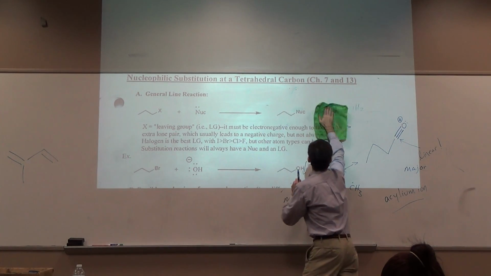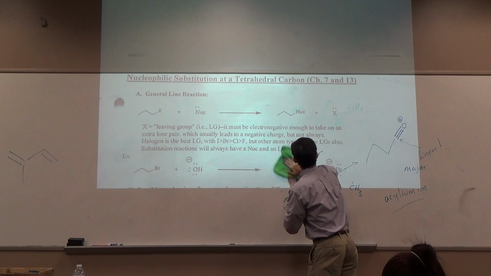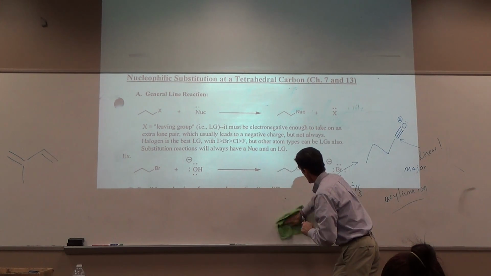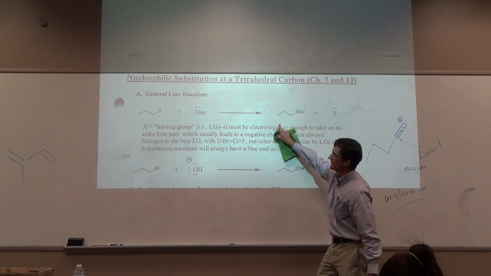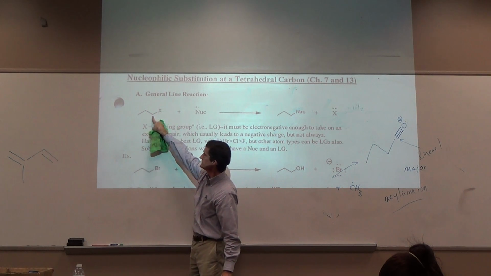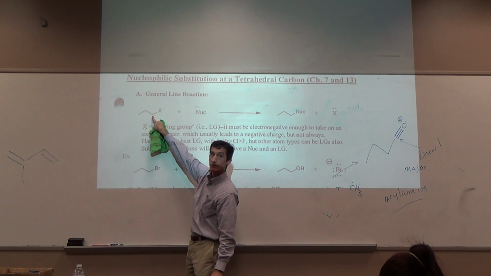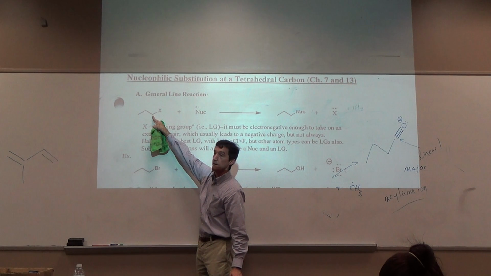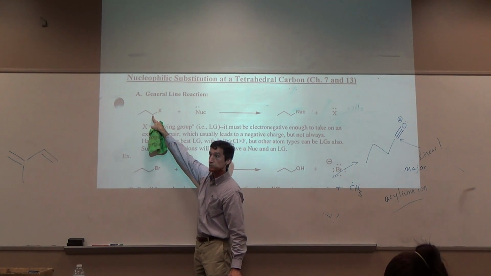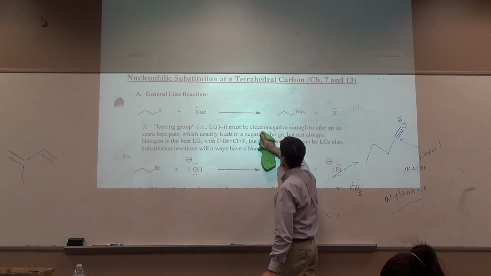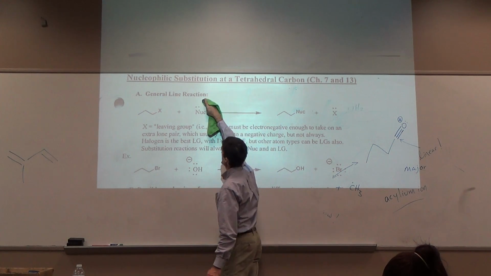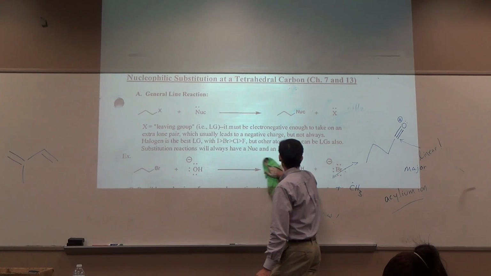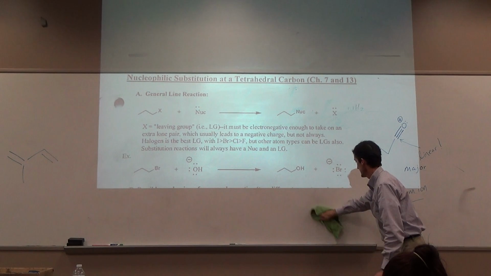In the reaction, the nucleophile is going to replace the leaving group. And now it's replaced it. What type of carbon was the leaving group on? Tetrahedral. See? It's not on an sp2 carbon, it's on a tetrahedral carbon. The nucleophile is typically going to have a lone pair. The lone pair is going to be very important. Got to have a lone pair to react.